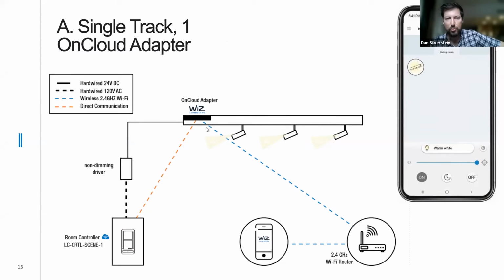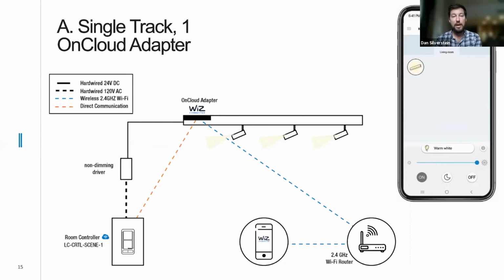And then in the track, built right into the power feed, that piece that actually feeds the power, is an individual Wi-Fi controller. So that lets us have one driver and multiple power feeds. That allows you to segment individually addressable segments of track. We're not getting to individual fixtures, we're getting to individual segments.